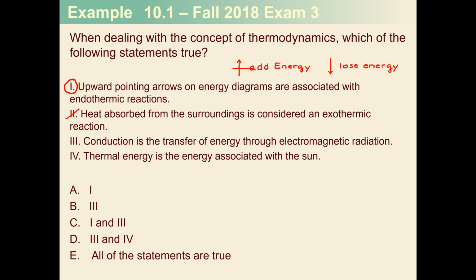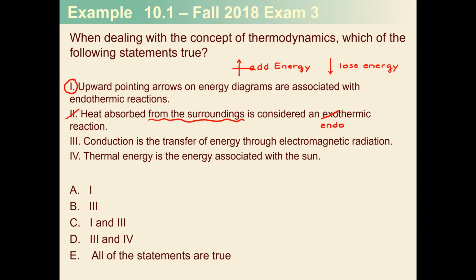Remember, if our surroundings are gaining heat, then that would be exothermic. But in this case, heat being absorbed from the surroundings means that energy is coming in. So if we wanted this to be correct, we would have to call this an endothermic process. So our second possible answer is not correct.